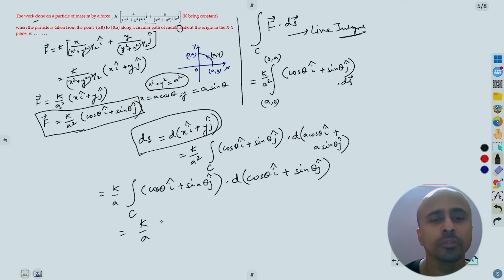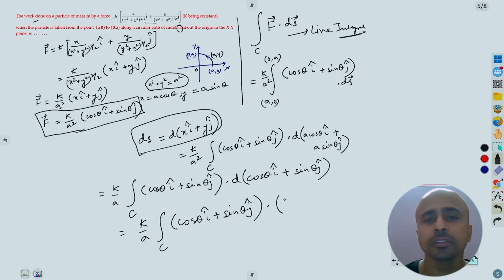This is k by a line integral cos theta i cap plus sin theta j cap dot, I will insert d inside. Inserting d inside, we have minus sin theta i cap plus cos theta j cap d theta. Okay, because differentiation of cos theta is minus sin theta and of sin theta is cos theta.